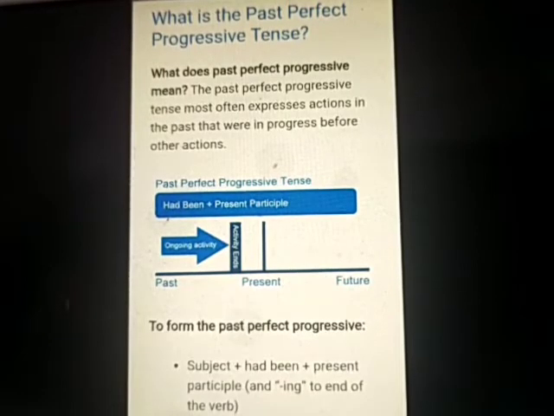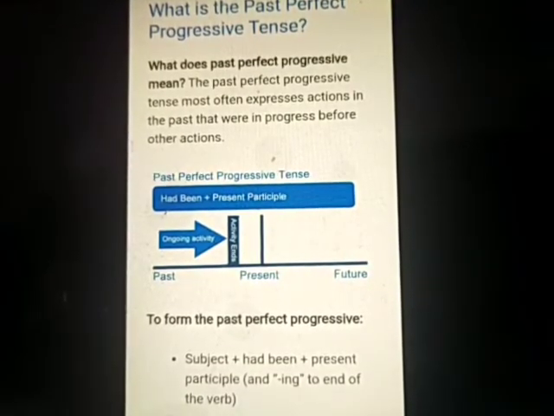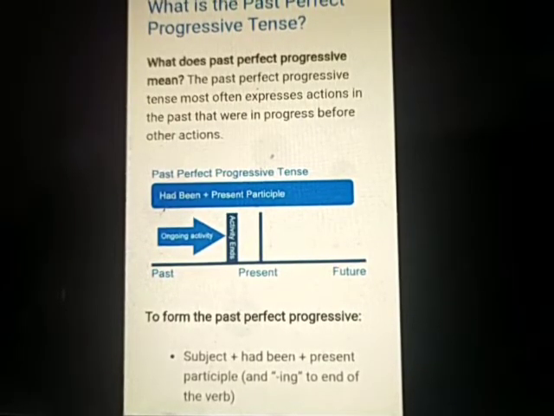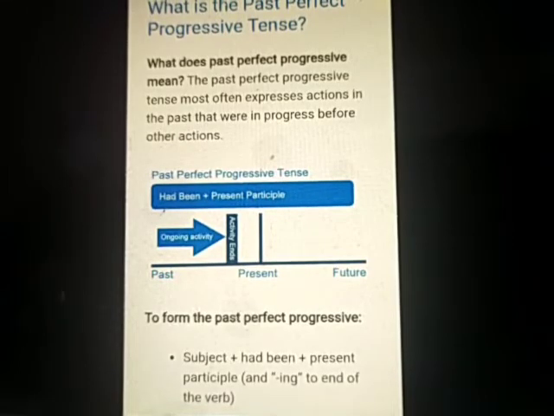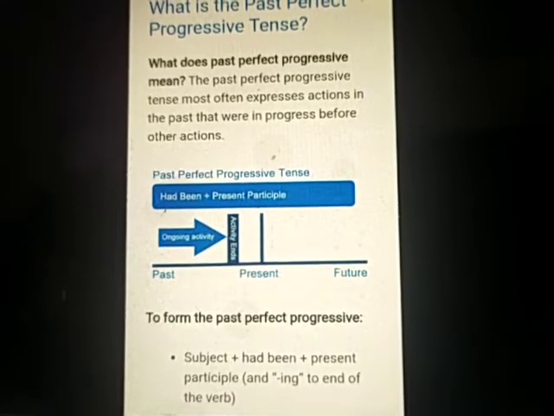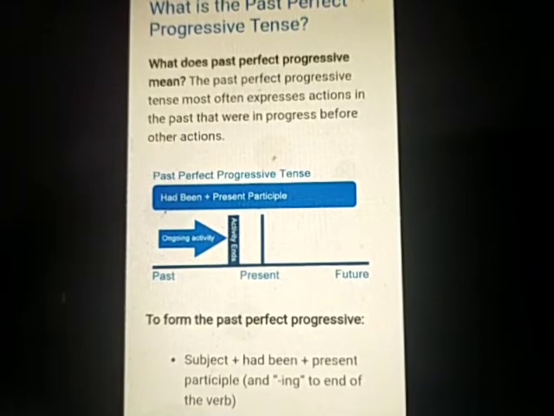Fourth is, what is the past perfect progressive tense? What does past perfect progressive mean? The past perfect progressive tense most often expresses actions in the past that were in progress before another action or other actions.